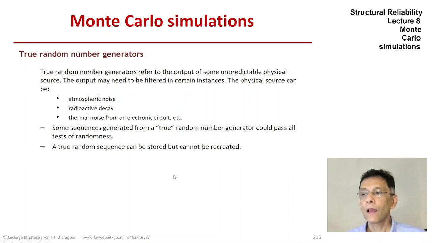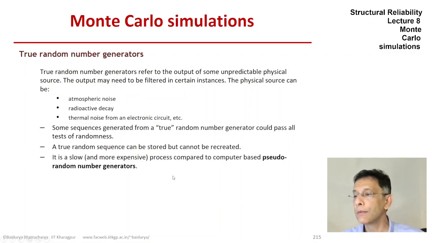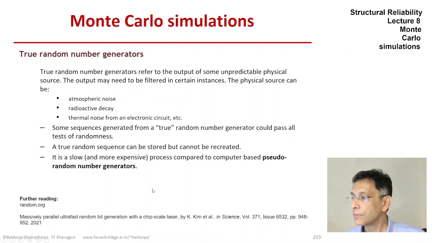It's also, in most cases, true random numbers are slow and more expensive to generate compared to computer-based pseudo-random number generators, but there are notable exceptions. Just earlier this year, there was a paper in Science where the authors discussed very fast generation of true random numbers, of the order of 250 terabits per second, using the chip-scale laser that they describe.